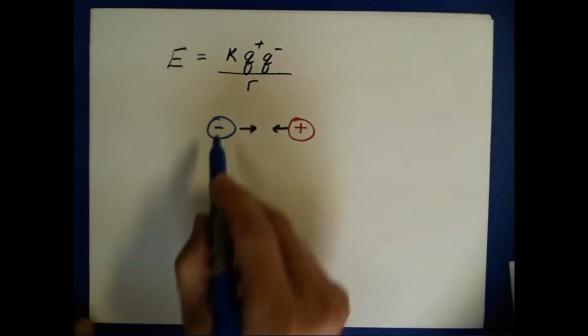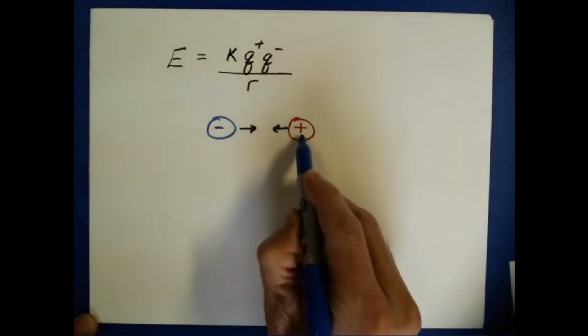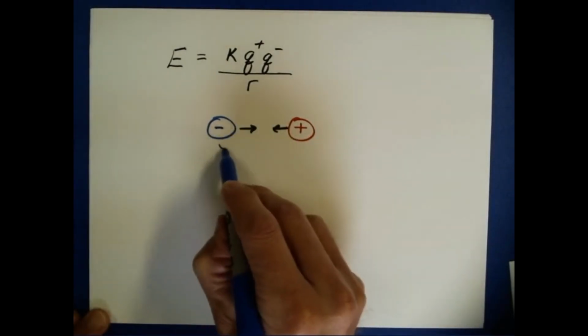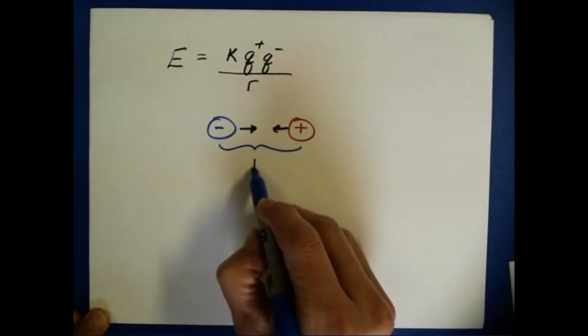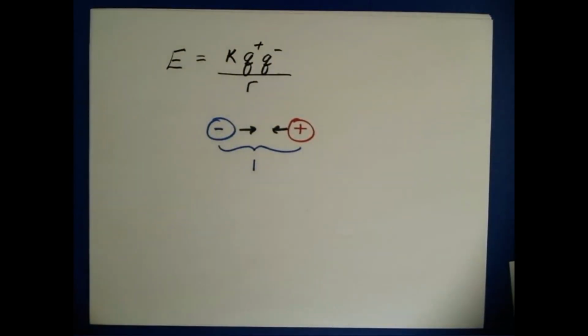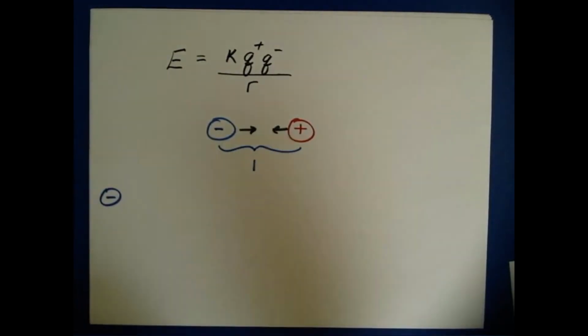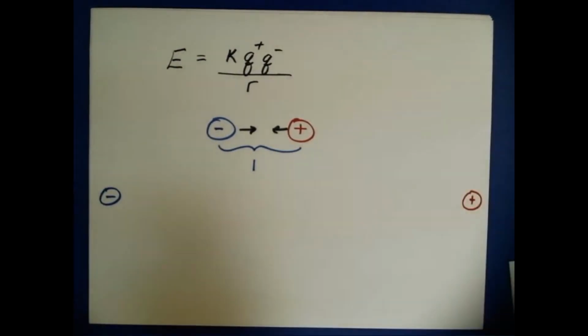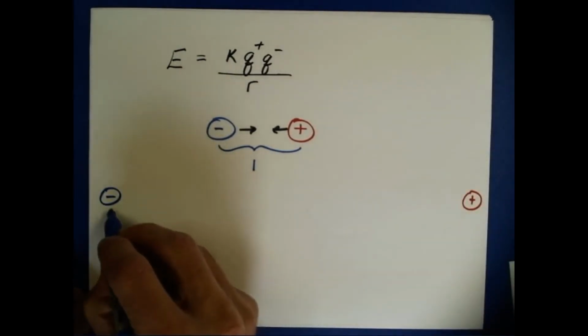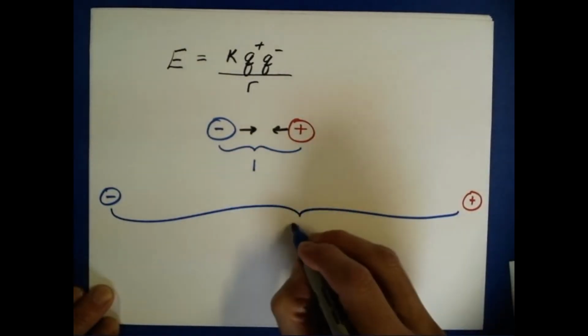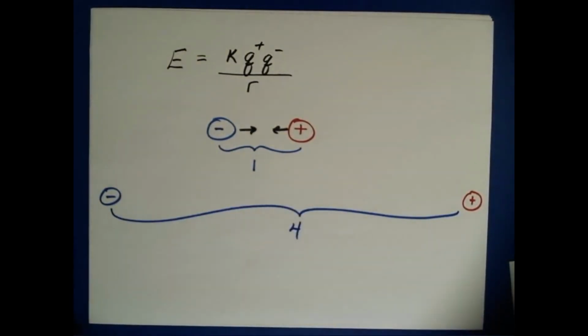So let's say in this case we've got a plus 1 and a negative 1 separated by a distance of, we'll call this 1. And then in this case we'll take the same charges, a negative 1 and a positive 1, and we'll separate them by a distance that's 4 times larger. What's the difference in energy there?